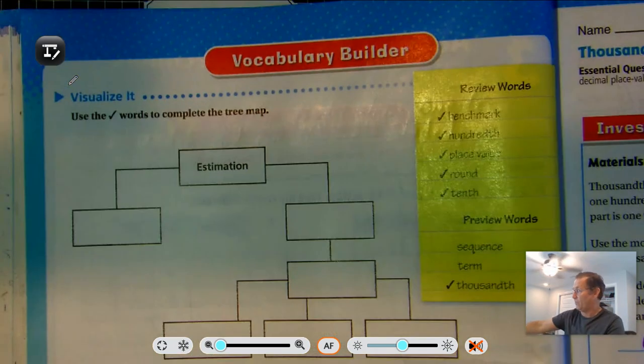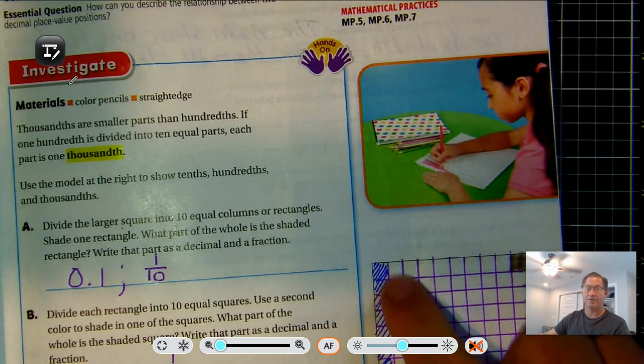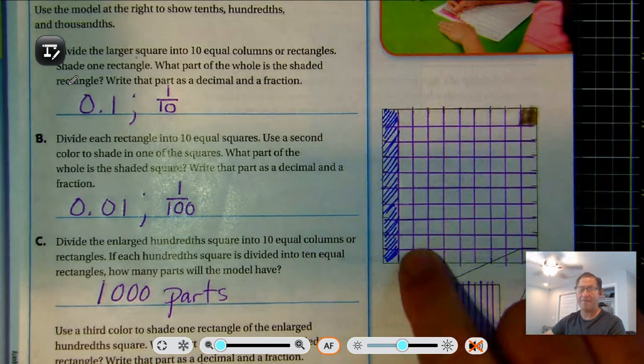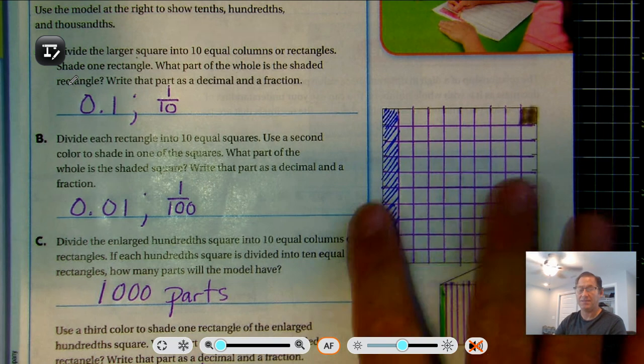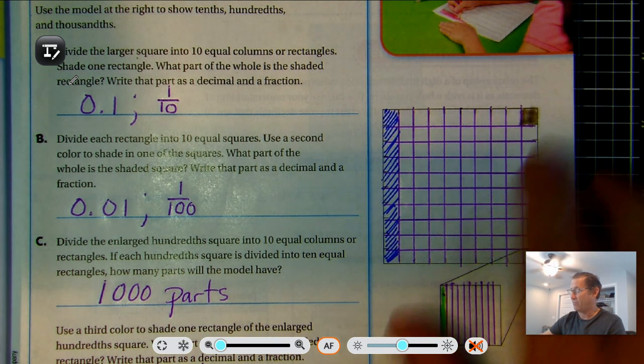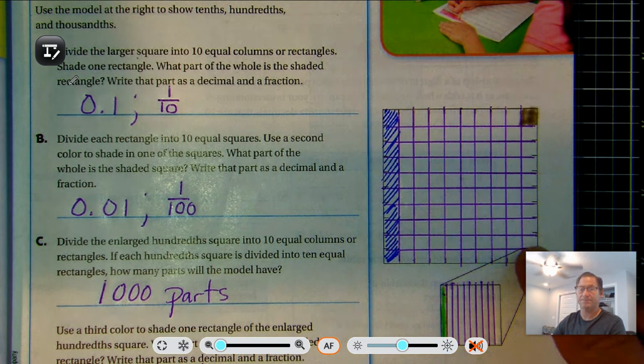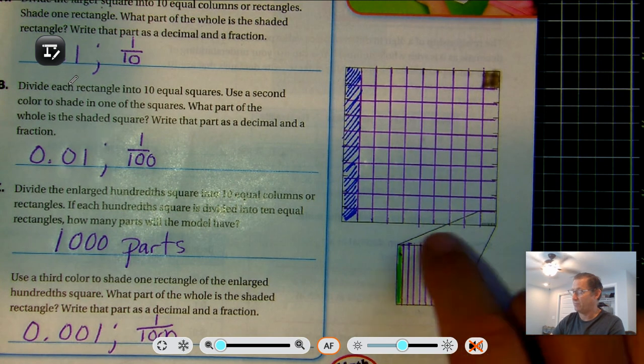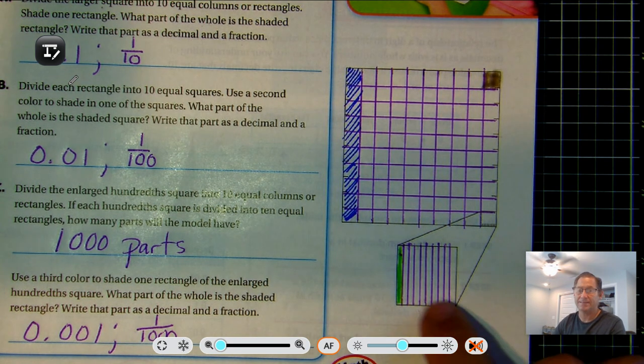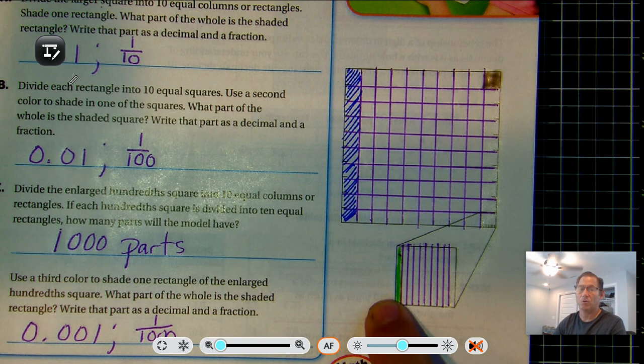So if we go back to here, we had 1/10th, because we only had 10 pieces when we first started. Then we had 1/100th, and then we took the 1/100ths and broke each of those into 10 more pieces, and that gave us 1,000ths.